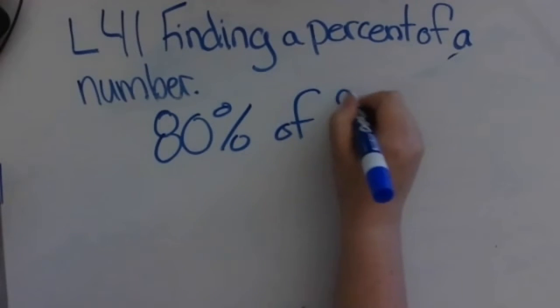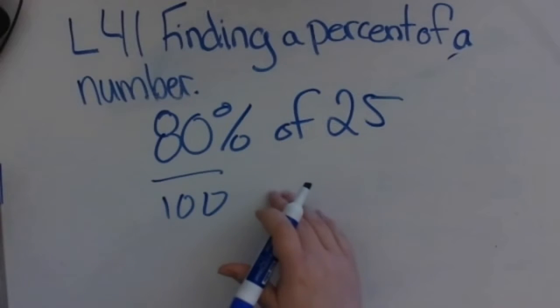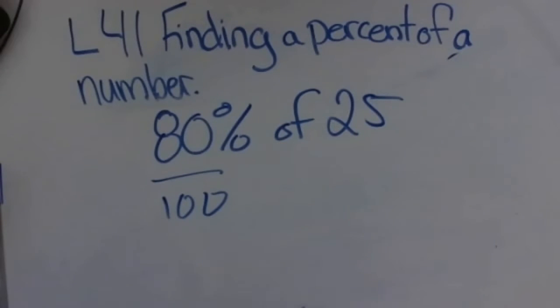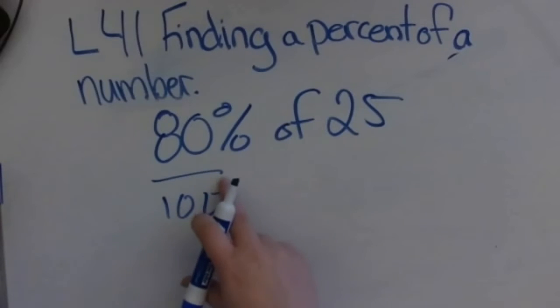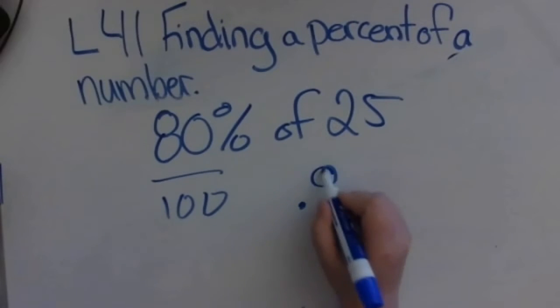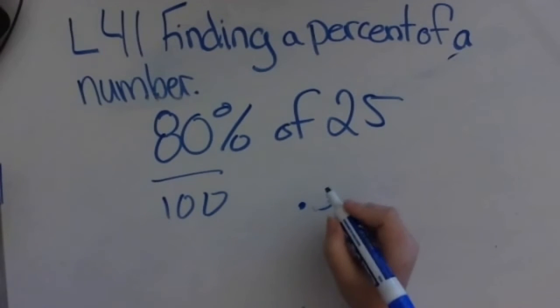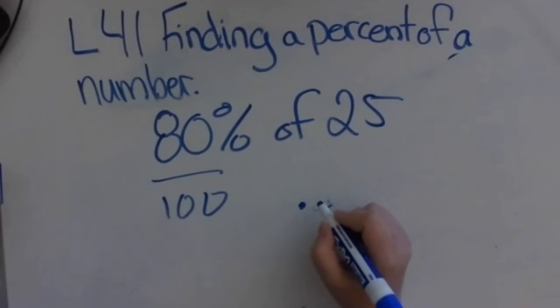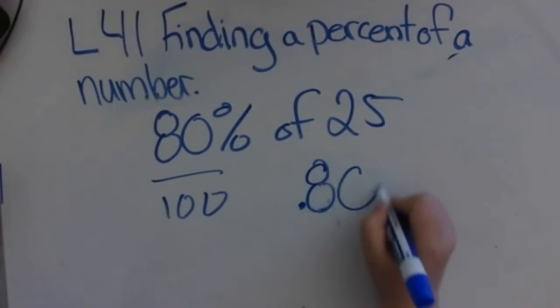80% of 25. Again, I could do 80 over 100, put it into lowest terms, then multiply by the fraction, or divide with the fraction, or I can just change it into a decimal number. Sorry, I wrote that wrong. So 80% is 80 over 100, which is 80 hundredths, which we write like this.